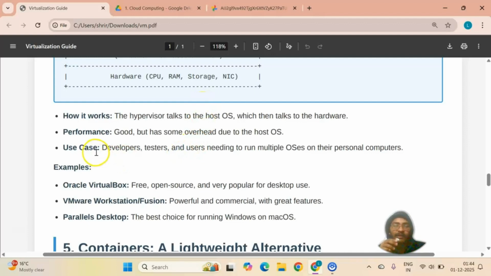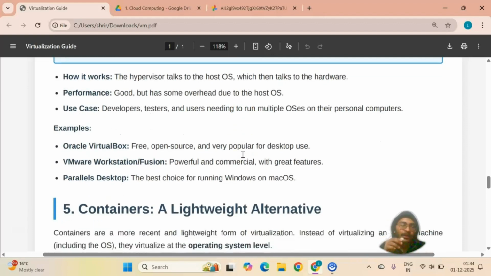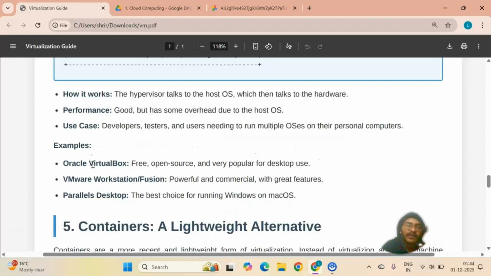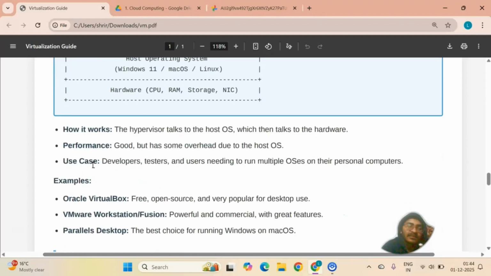It is generally used by developers, testers and users who need to run multiple OSes on their system. Now what are the examples? The most popular examples are Oracle VirtualBox, VMware Workstation and Parallels Desktop. These are examples of type 2 hypervisor software.